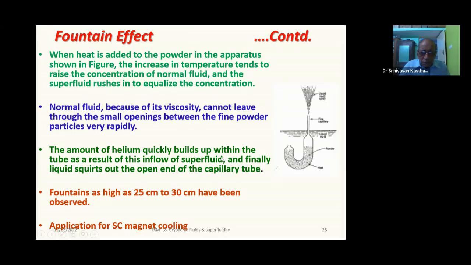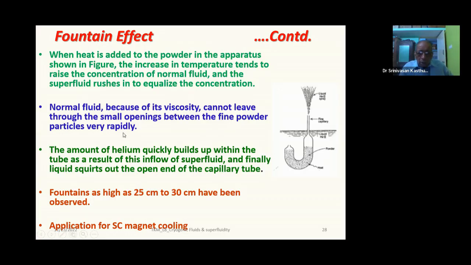Normal fluid, because of its viscosity, cannot leave through the small openings between the fine powder particles very rapidly. The amount of liquid helium therefore builds up as a result of the inflow of superfluid, and finally it spurts out as a fountain at the top of the pipe. Fountains as high as 25 to 30 centimeters have been observed in experiments.